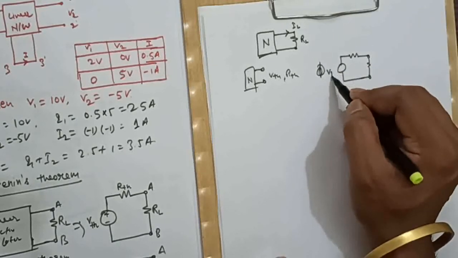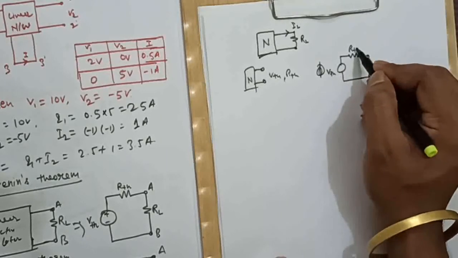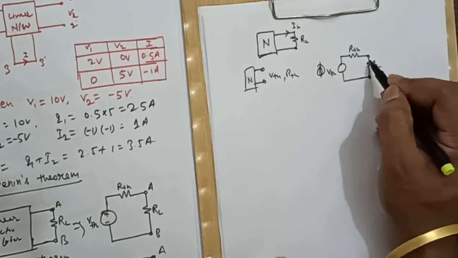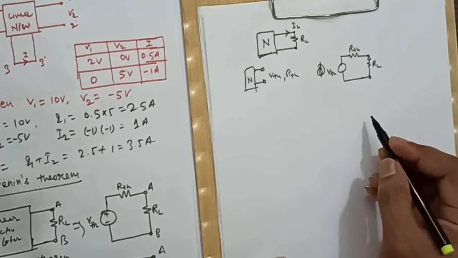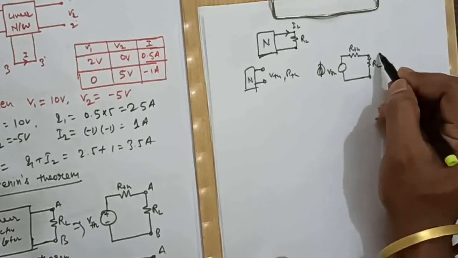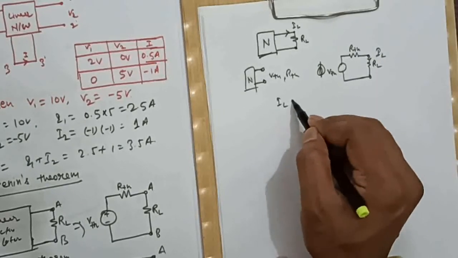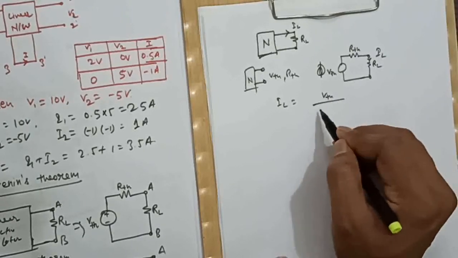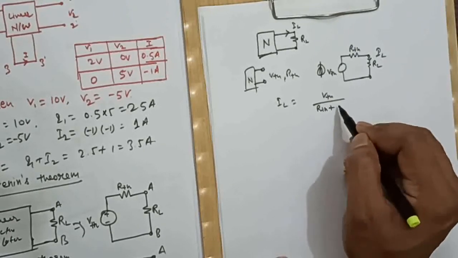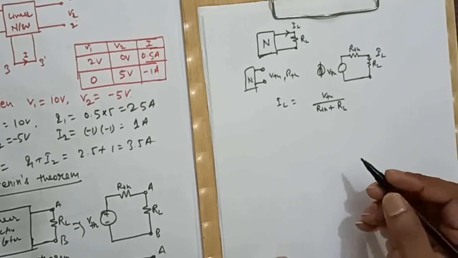So this will be VTH, this will be RTH, this will be RL, right? So what will be IL? IL will be VTH divided by RTH plus RL.